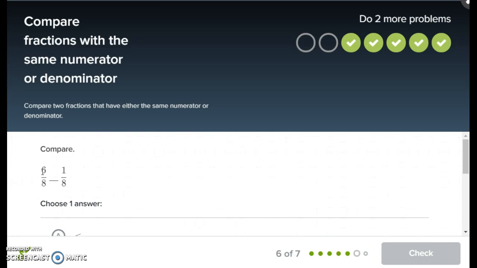Now this one, we have the denominator that's the same now.